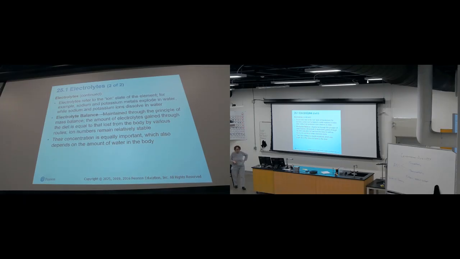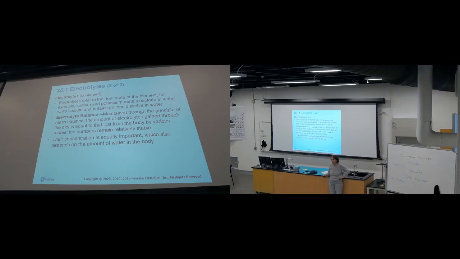So we control the levels of electrolytes by reabsorbing or eliminating them with the kidneys. Of course, if you don't ingest electrolytes, you won't get them. But typically, in the foods that we eat, we get these ions.